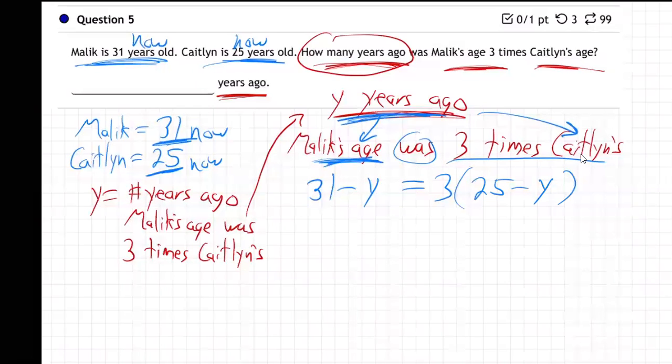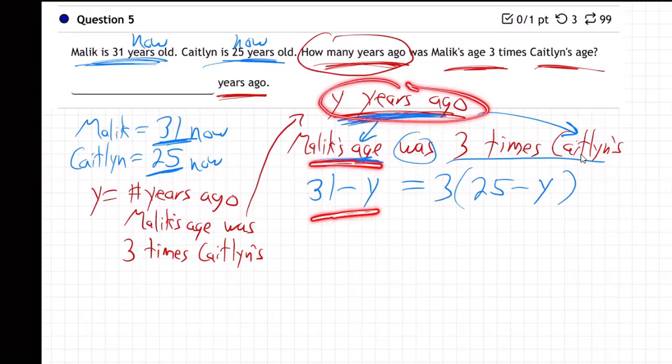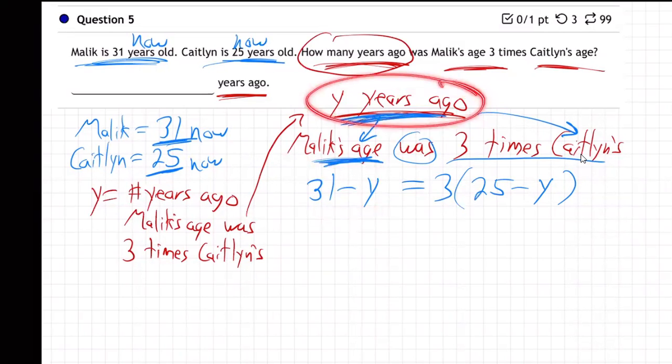Y years ago, Malik's age was 31 minus Y. Y years ago, Caitlin's age was 25 minus Y. You got to subtract Y from both their ages if you want to go back Y years. Back in that time, Malik's age was 3 times Caitlin's.